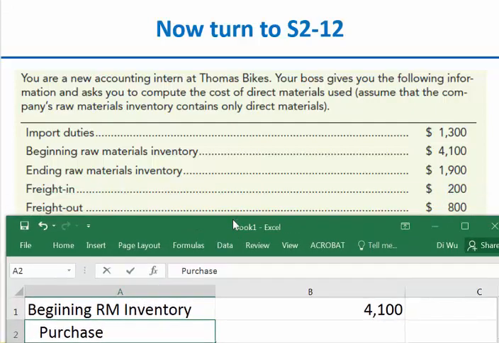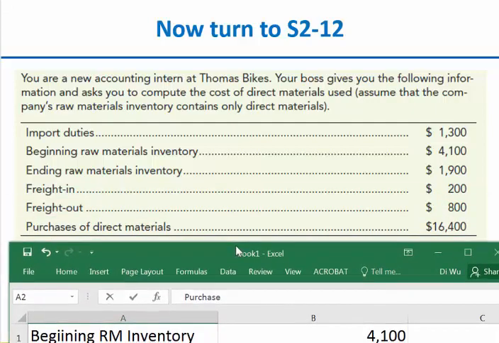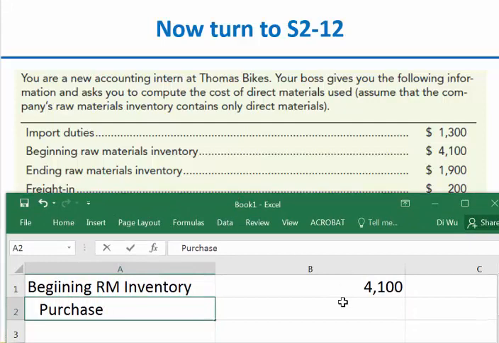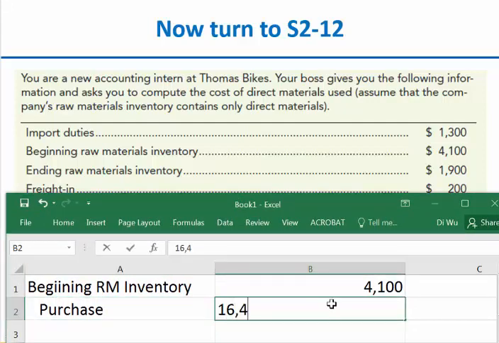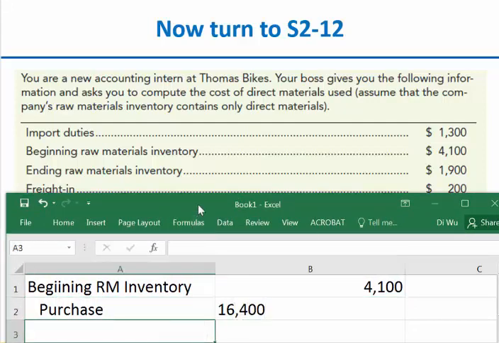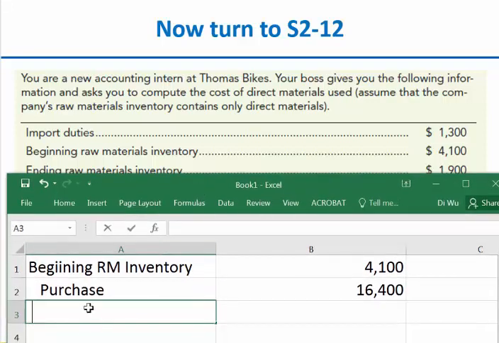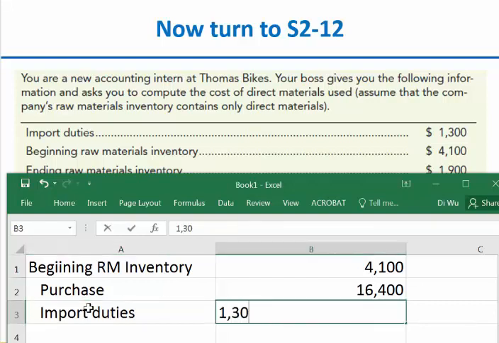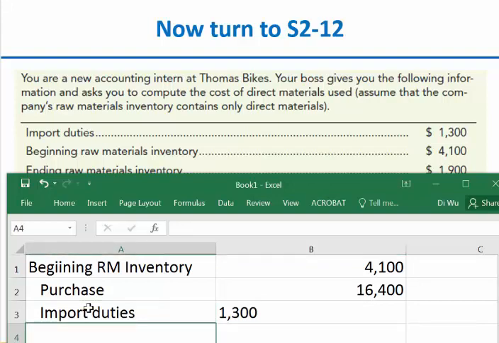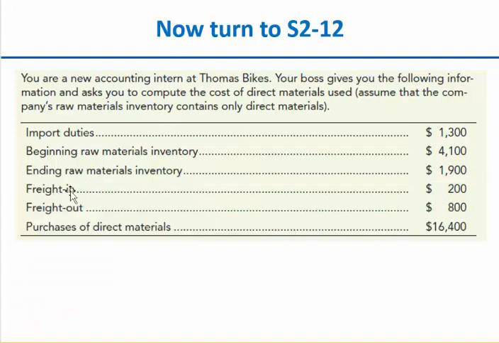The purchase cost, according to the question, is 16,400, so I'm going to put 16,400. Then I wonder, do I have any import duties? Yes, I do, so I'm going to put import duties here, which is 1,300.